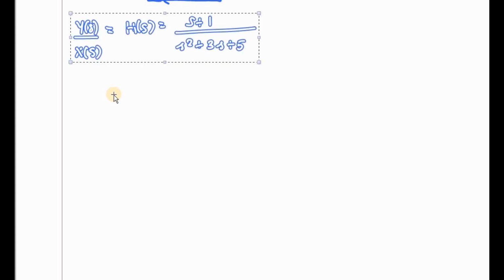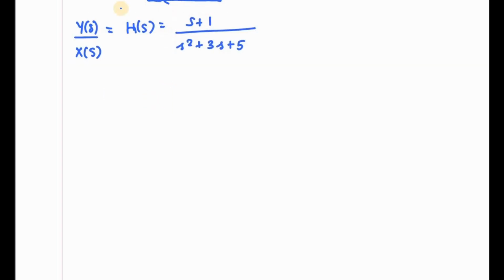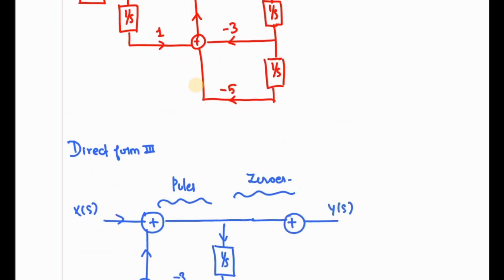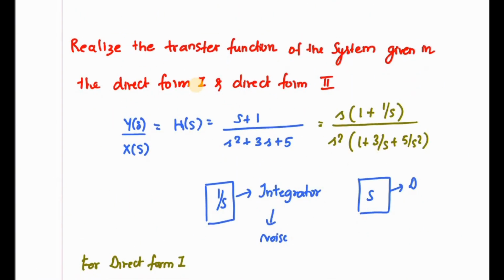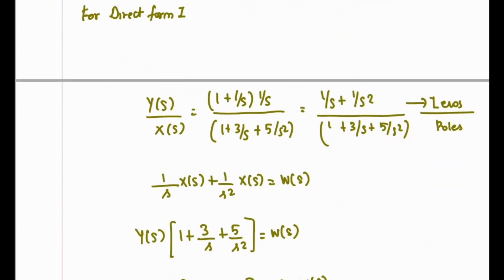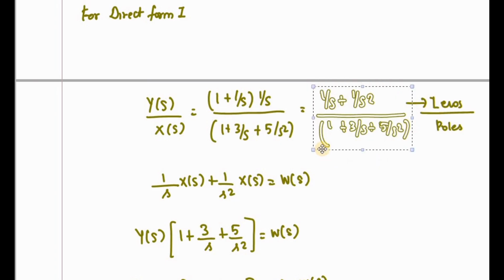So just copy here. You have to multiply and divide by w of s, right? By x of s. So this I can write as 1 by s. So again, I can copy this one also.